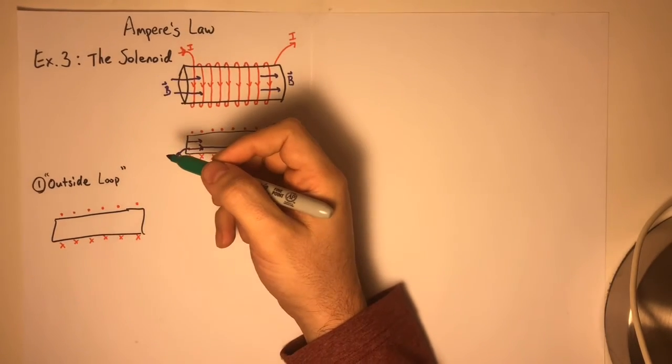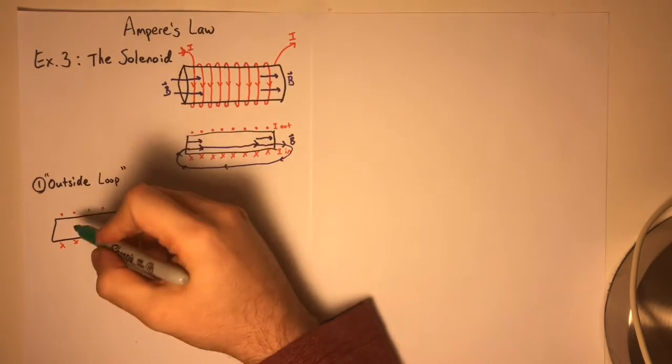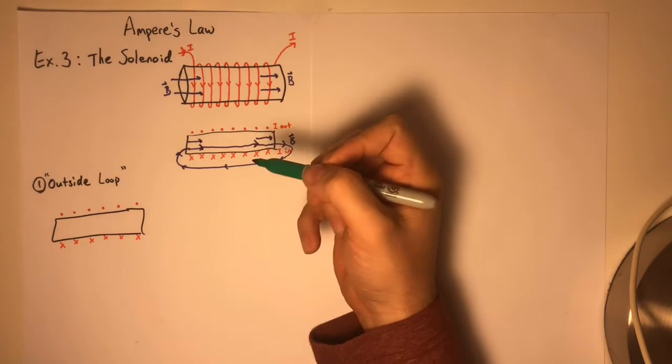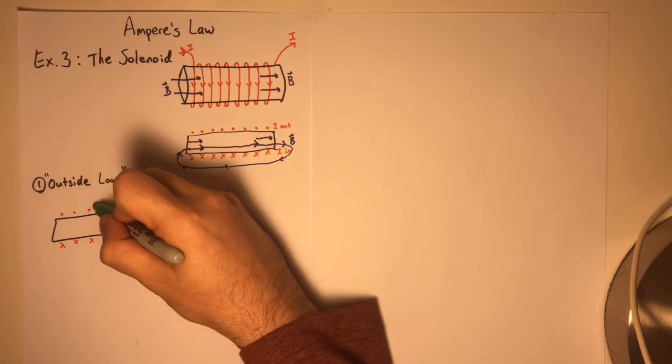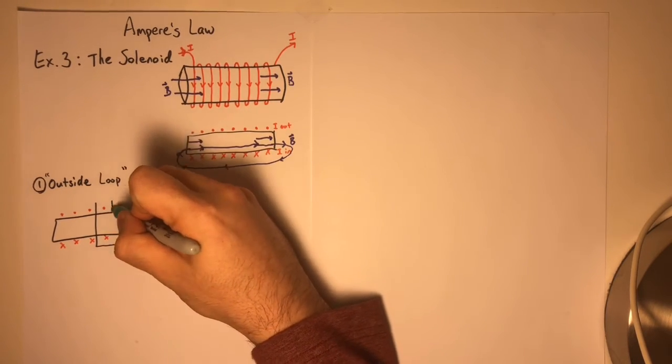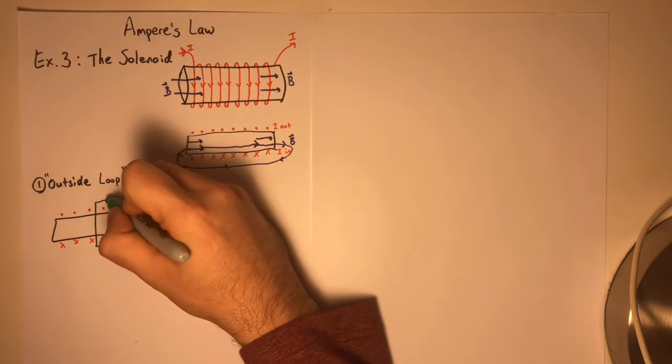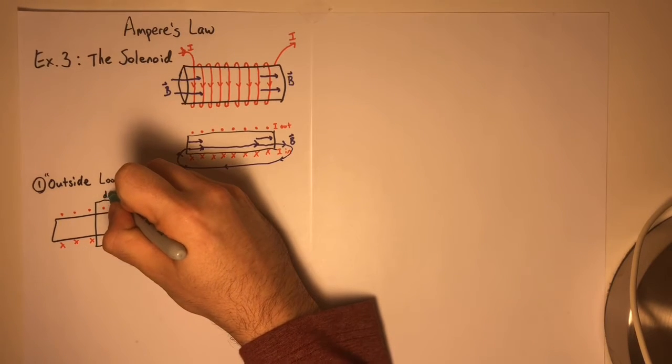If we choose an Amperian loop, I'll go ahead and make it a rectangle since it kind of matches the rectangular cross-section. Let's just say it looks like this.